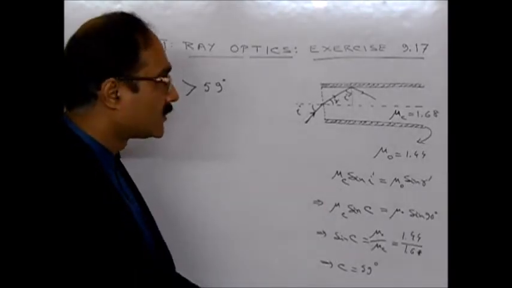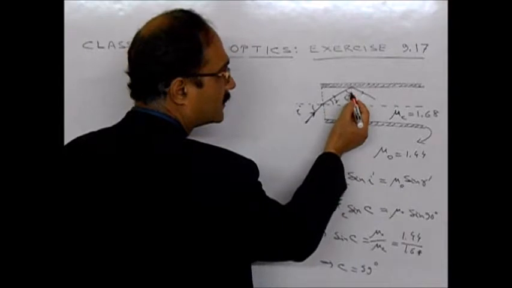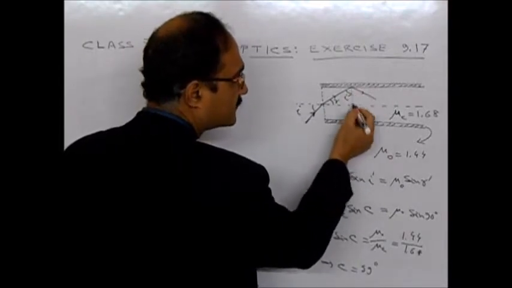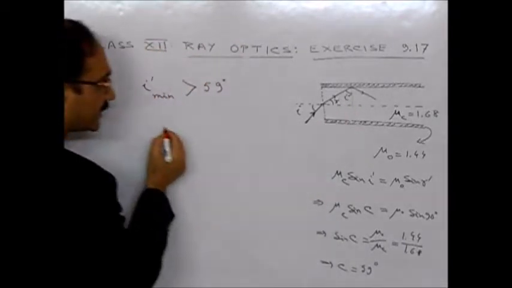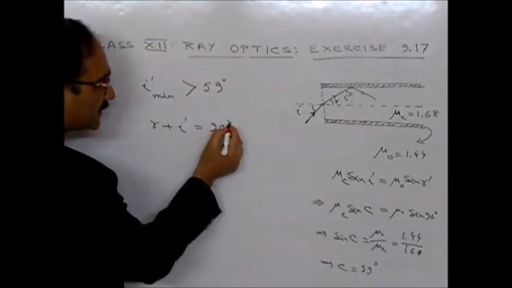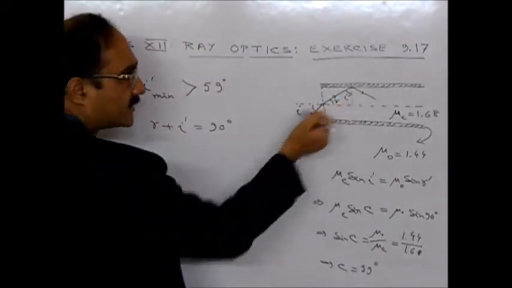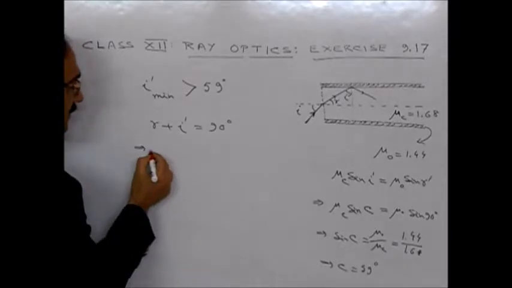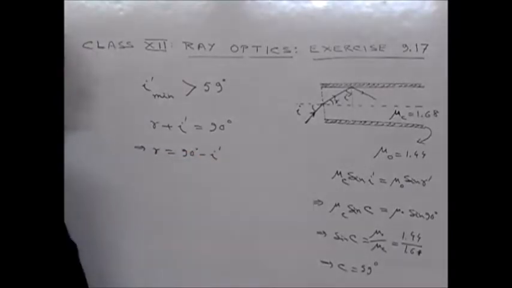Now take this triangle. This is horizontal, this is vertical, so this is 90 degrees. That means R plus I dash is equal to 90 degrees from this triangle. This triangle is a right angle triangle. So that implies R is 90 minus I dash.